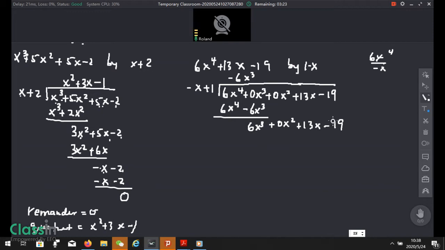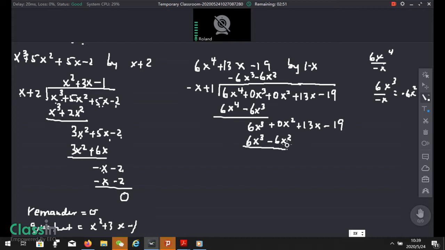Now we got 6x cubed. If we divide 6x cubed by negative x, we have negative 6x squared. If we multiply negative x plus 1 by negative 6x squared, negative x times negative 6x squared becomes positive 6x cubed. 1 times negative 6x squared becomes negative 6x squared.